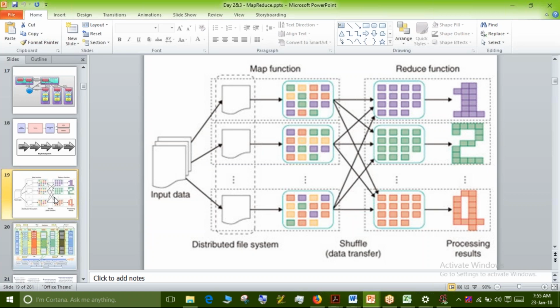How is that finally pushed to the reducer phase? And what is happening in between? Shuffle and sort phase. What is happening inside each node? Your mapper phase, your combiner phase, and your partitioner all happen at the node level. And your shuffle sort is at the cluster level, reducer also at the cluster level.